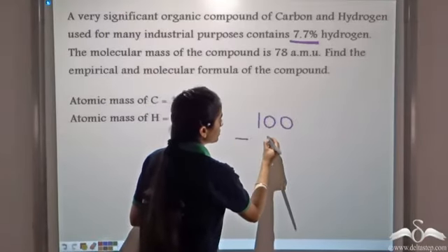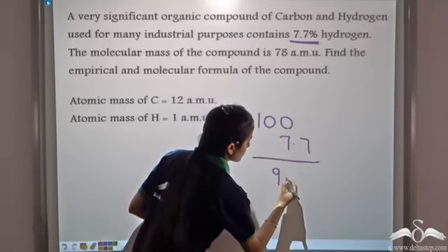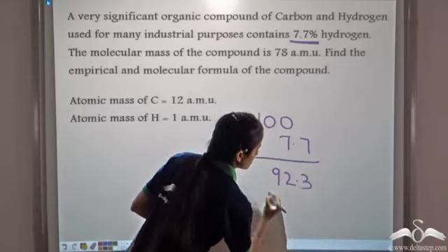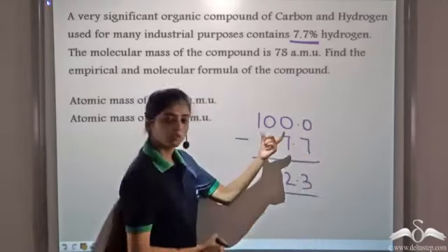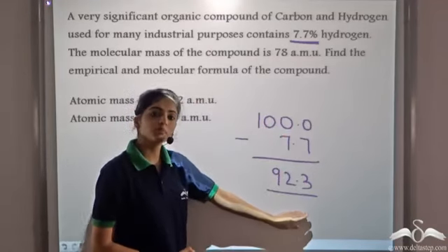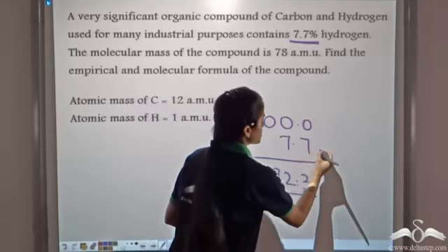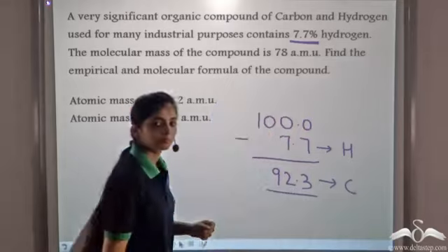If we subtract 7.7 from 100%, we get 92.3% carbon. So this is the percentage of hydrogen and this is the percentage of carbon.